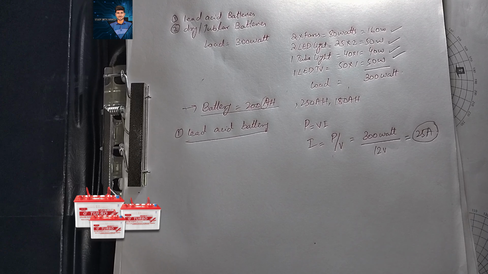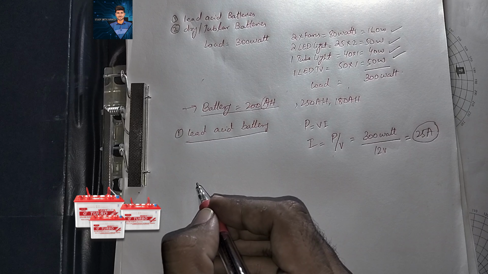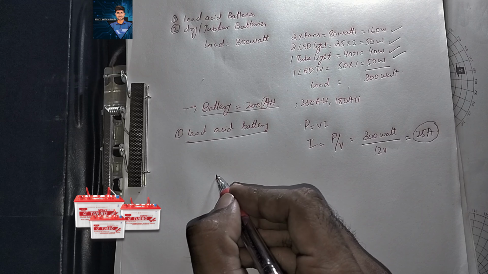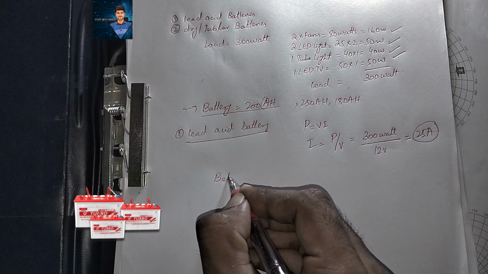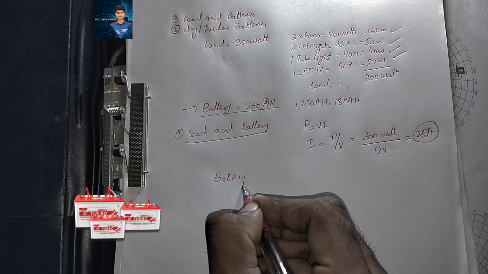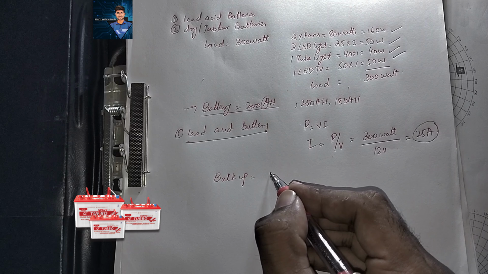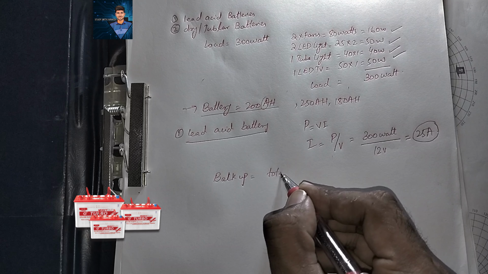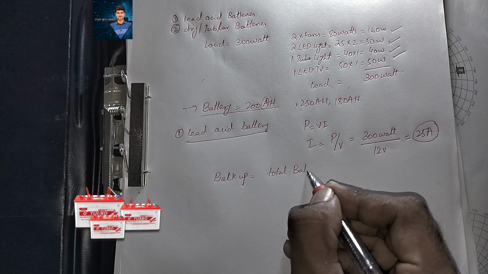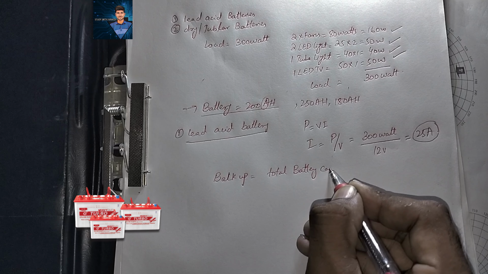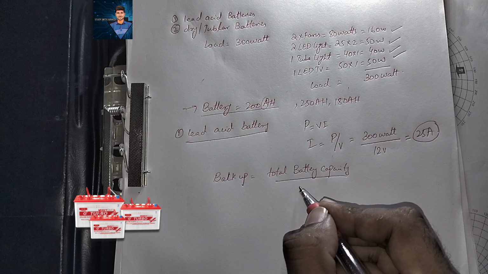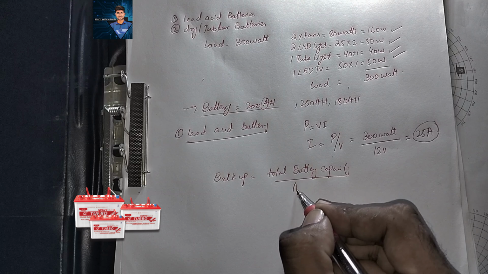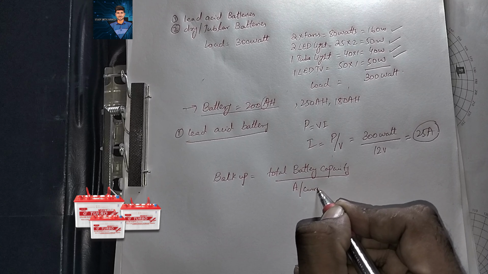As we know the battery capacity, to find the backup we will take the total battery capacity, which will be divided by the amperes or current we are using.